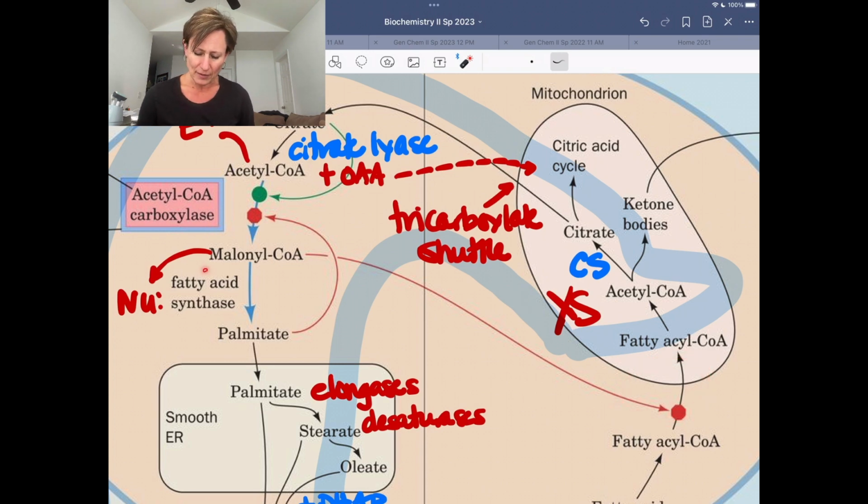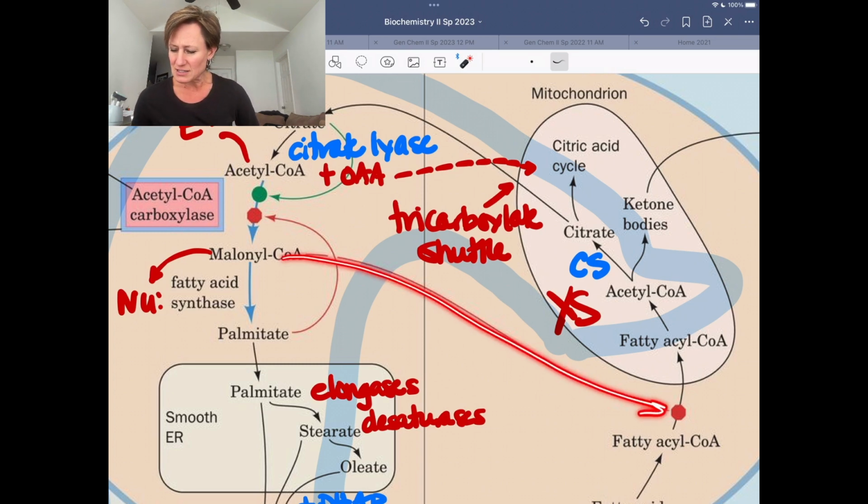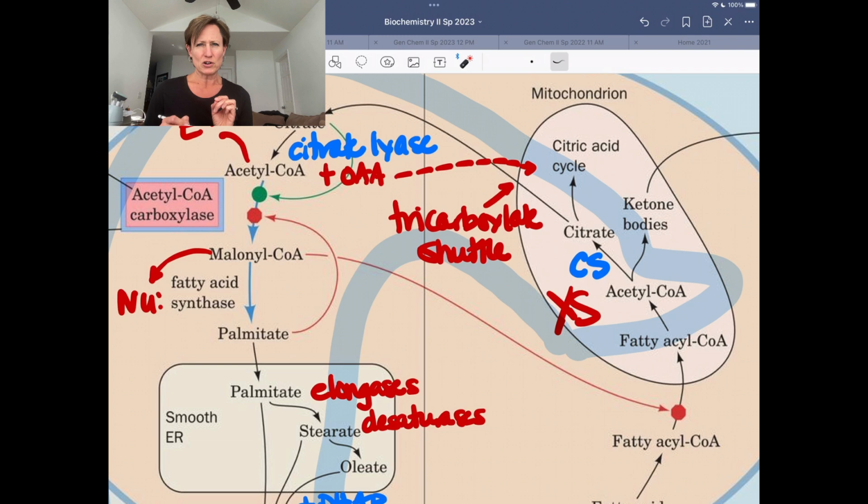So look what happens here. If we are producing malonyl-CoA in the cytosol, this is going to inhibit that carnitine transporter, okay? It's important that we don't take fatty acids that are derived from the anabolic fatty acid synthase process and allow them to be catabolically transported into the mitochondrion so they can be broken down.